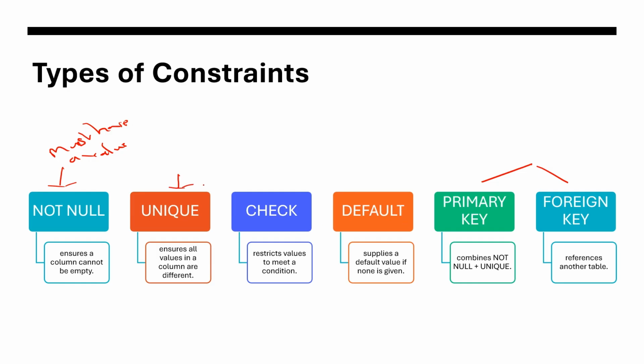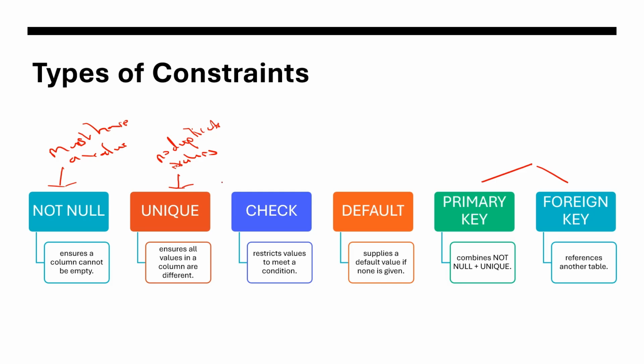The word is easy to understand: it does not allow duplicate values. So you can insert a unique constraint if you don't want a person to input the same data twice, for example.